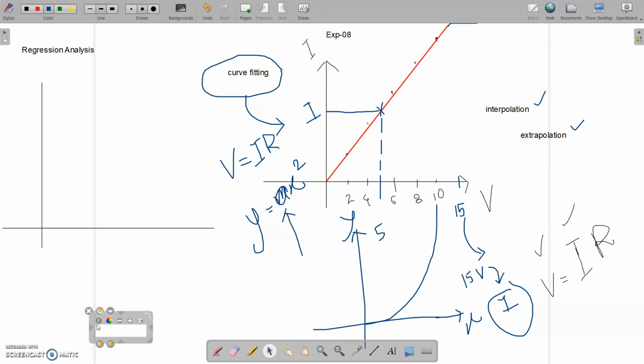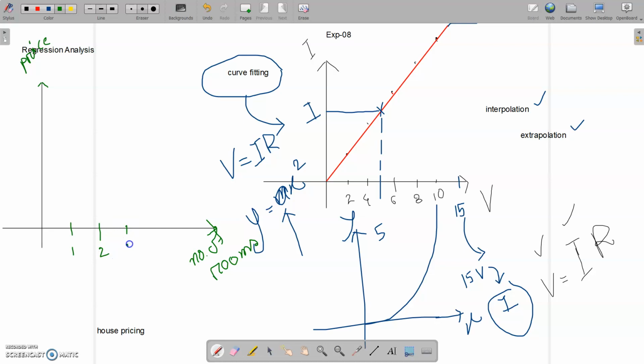On the x-axis, you put the number of rooms, how many rooms are there in that house, and this is the price of the house. Say this is 1 room, this is 2 rooms, this is 3 rooms, this is 4 rooms, this is 5 rooms.